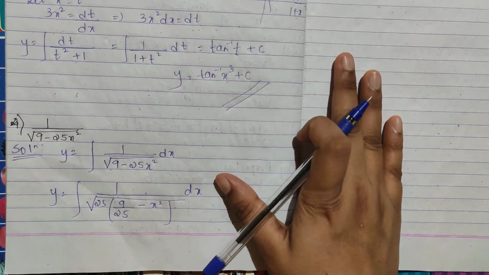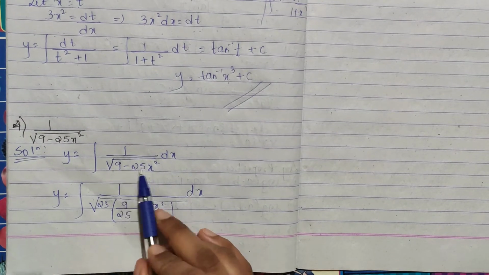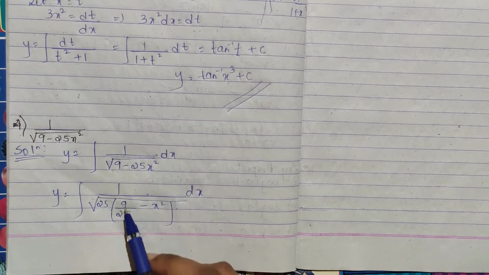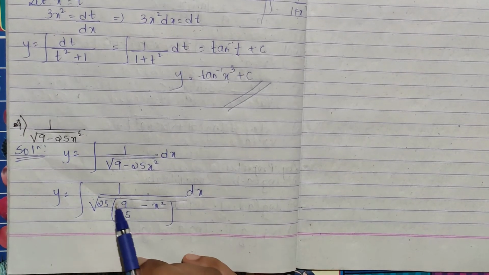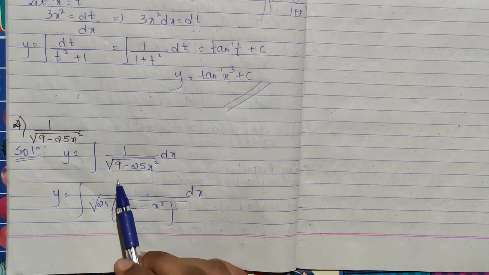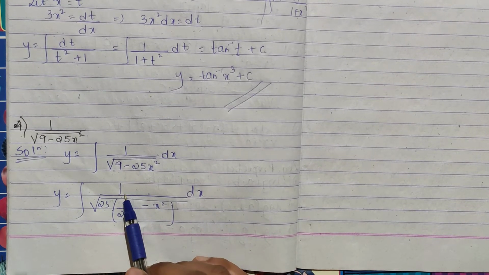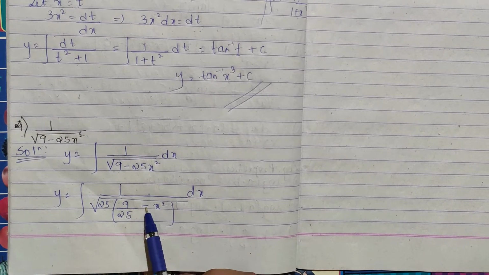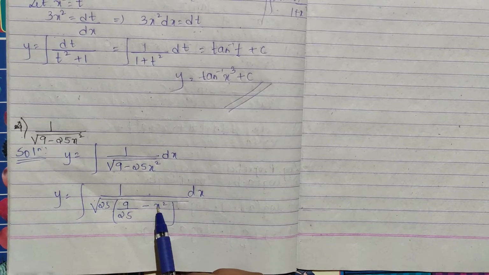So you have taken 25 common from both. Here 25 is not there, so it comes as division, because if you multiply and take it inside, 25 cancels and you arrive at the same number. Minus 25 I have taken, so here it will be x square.